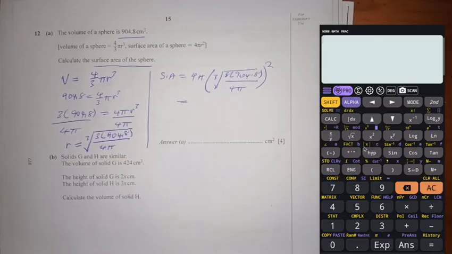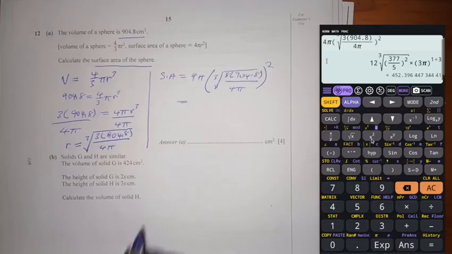So let's put it: 4 pi times the cube root of 3 times 904.8 over 4 pi, this one is squared. There you go. That's the answer.